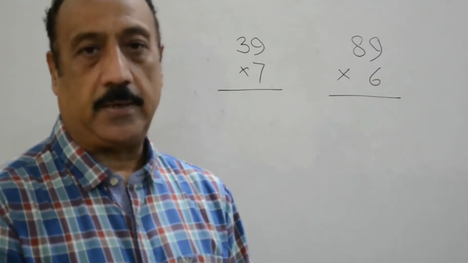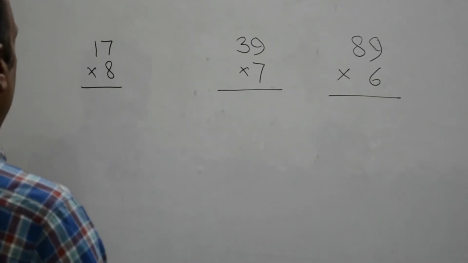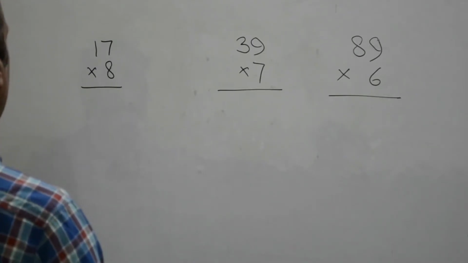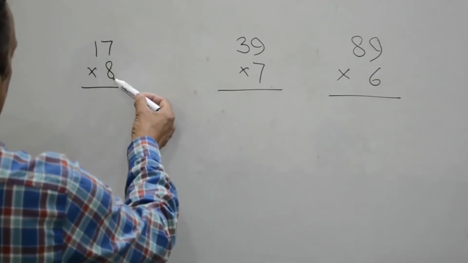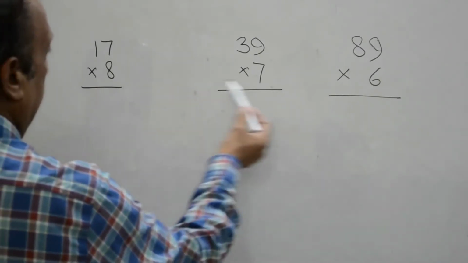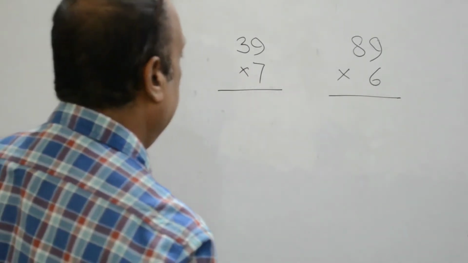We are going to start multiplication. Here we are going to learn how we can multiply a number with one digit numbers. In this case, we are going to multiply by 8, here by 7 and here by 6.